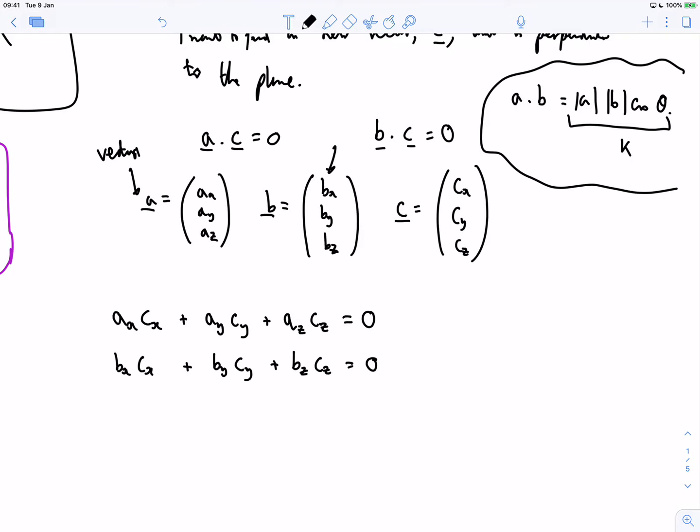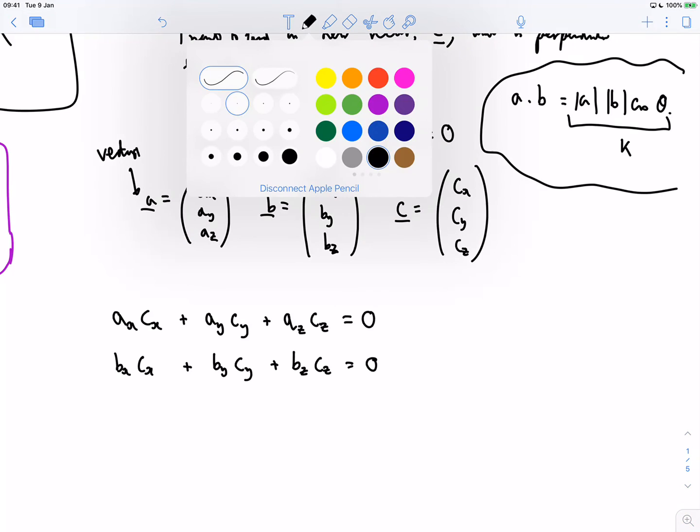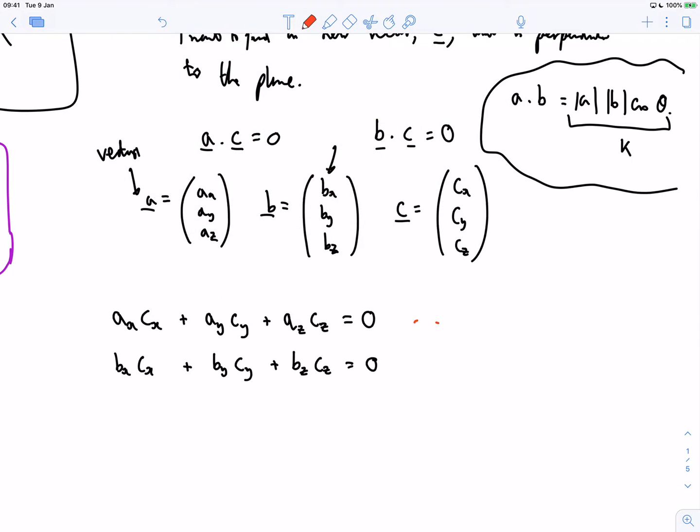Okay. Now, an interesting thing's going to happen here. If I take this row, I'll call it row 1, and I multiply it by BX, and I take this row, row 2, and I multiply it by AX, and I subtract them, then look what's going to happen. This becomes BX this, BX this, BX this.